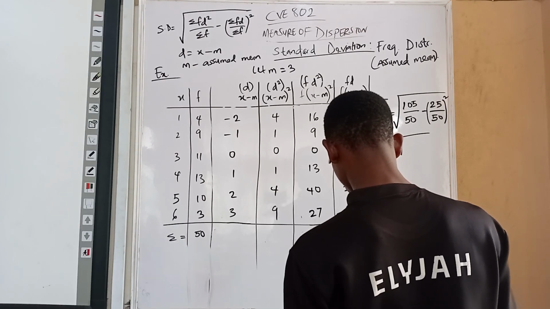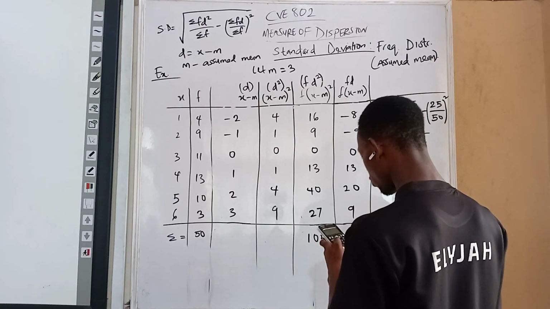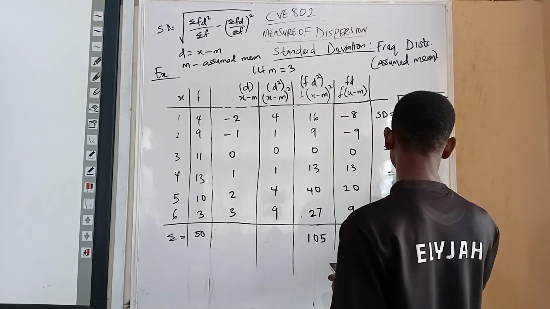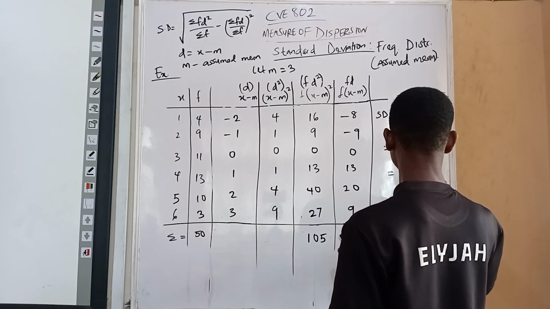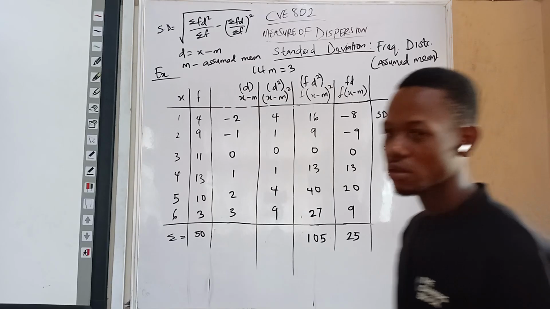So it gives us 1.85. And the square root of 1.85 is 1.36, which is the same thing as what we got in the first place.